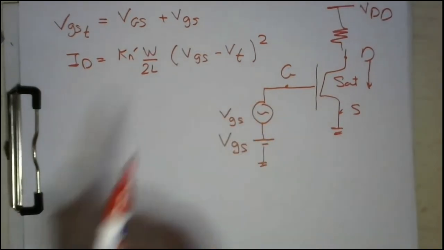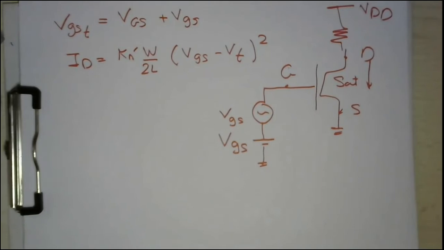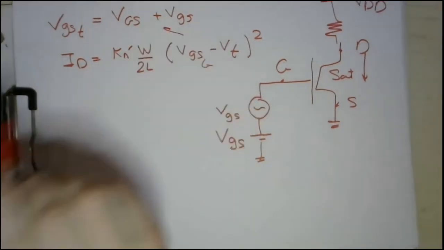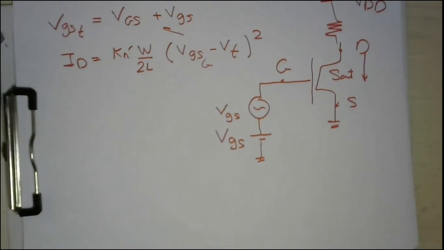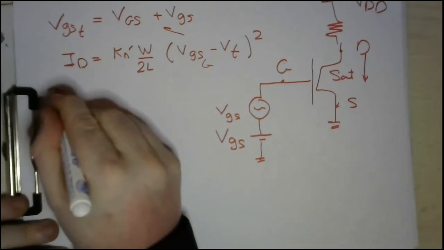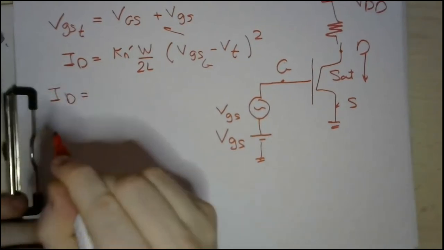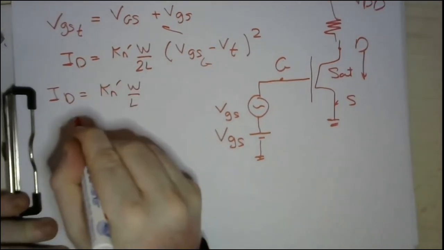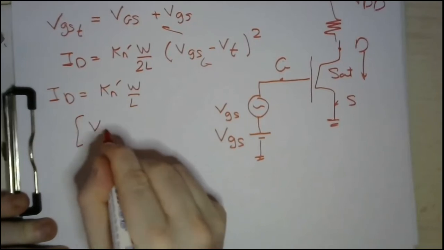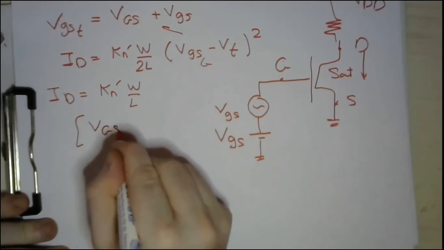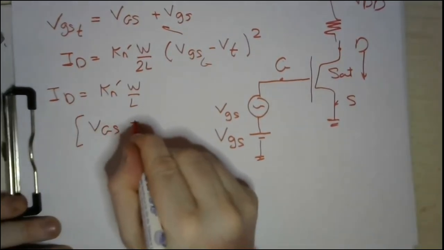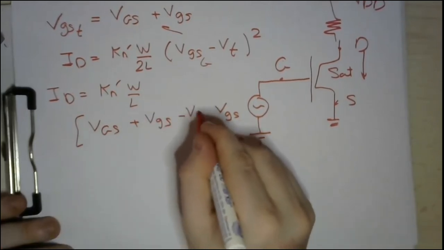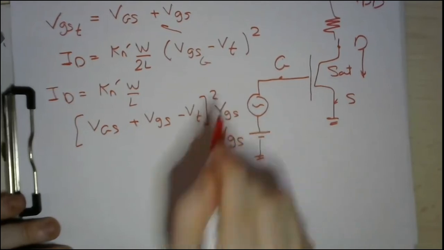Now, this VGS is the total gate voltage applied, which is actually VGS total, this term. So you can write the equation like that: ID equals Kn dash W over 2L times (capital V GS, which is the DC component, plus small v gs, which is the AC component, minus V threshold) all squared.